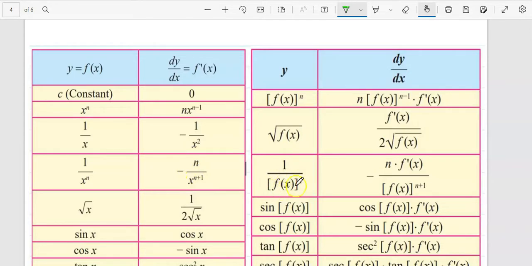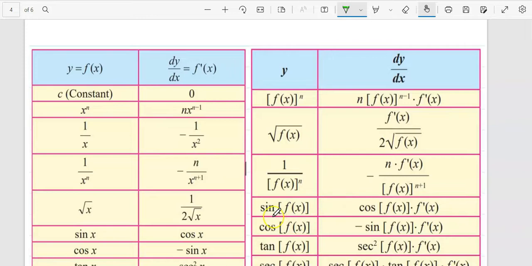Similarly, derivative of 1 upon f of x raised to n is minus n upon f of x raised to n plus 1 into f dash of x. हे सगळ्यात इम्पॉर्टंट असणार आहे कंपोजिट फंक्शनच्या. ज्याला ही यादी समजली त्याला 100% तो एक्सरसाइज 1.1 समजणार. आणि कंपोजिट फंक्शन हा सगळ्यात इम्पॉर्टंट आहे. वन्स he understands the composite function, then he will understand the differentiation of the logarithmic, implicit, parametric and everything.